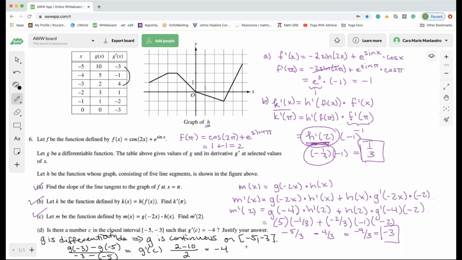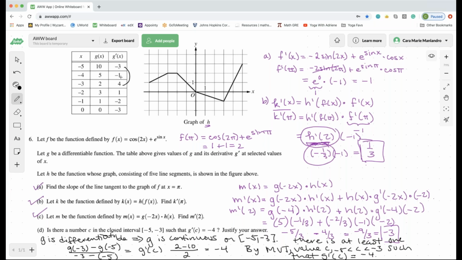So therefore, by the mean value theorem, the conclusion is really specific. You want to word it precisely. All right, so by the mean value theorem, there is at least one value, C, and then you want to specify the open interval, okay, such that G prime of C is equal to -4.